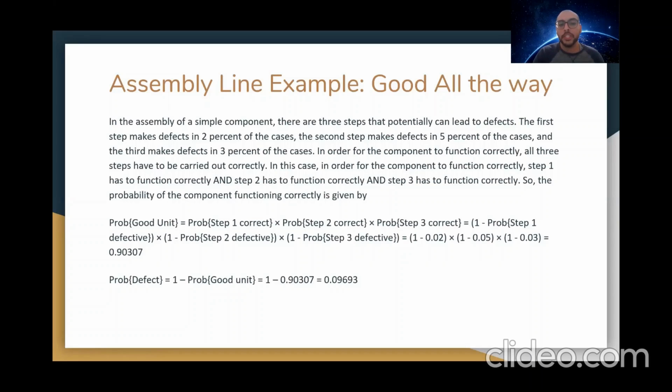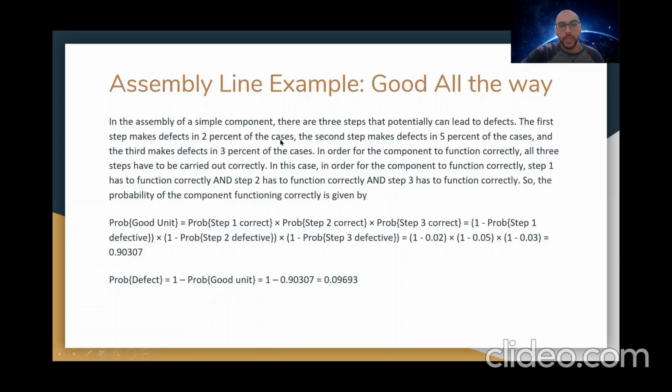So the probability of the component functioning correctly is given by the probability of a good unit, and that equals the probability of a good outcome in step 1 times the probability of a good outcome in step 2 times the probability of a good outcome in step 3.